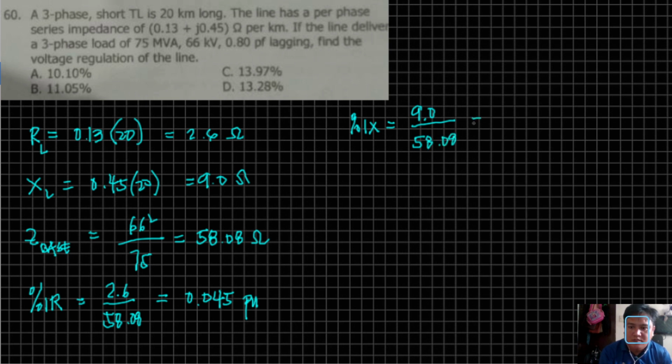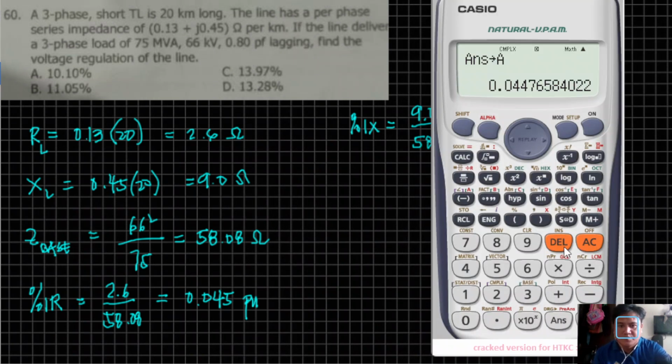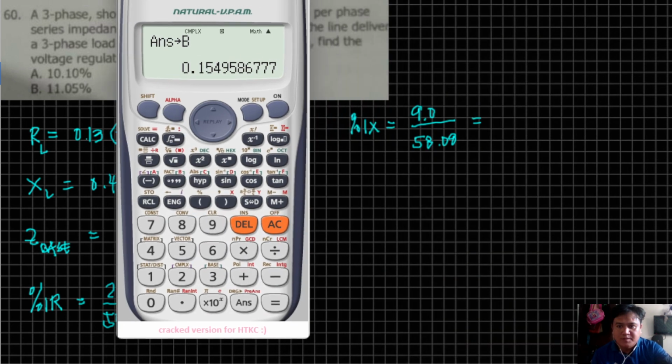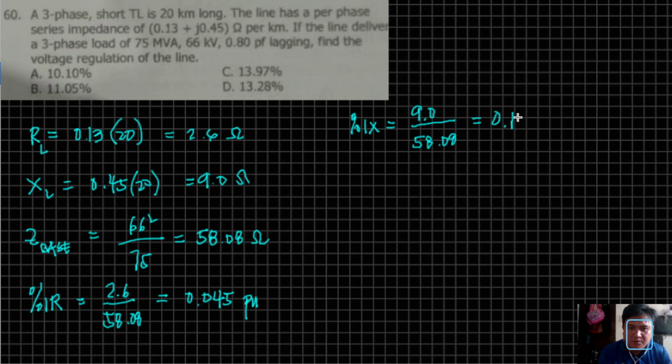So that would be equal to 9 over 58.08 equals, store natin yun sa B, for mas madali siyang i-recall na lang, no? 0.155 per unit. Okay, so we now have the percent resistance, percent reactance.